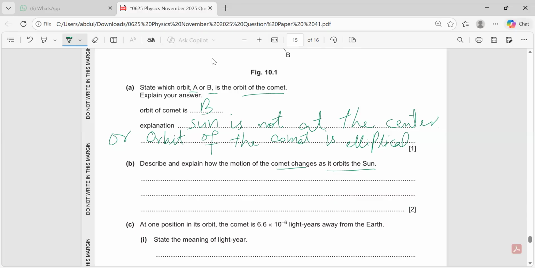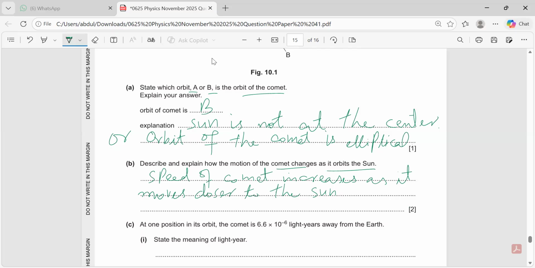Now, first of all, my dear friend, the speed of the comet increases as it moves closer to the sun because its gravitational potential energy is decreasing.